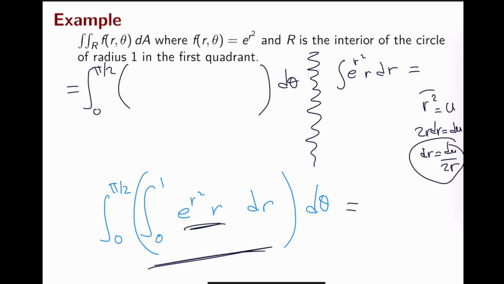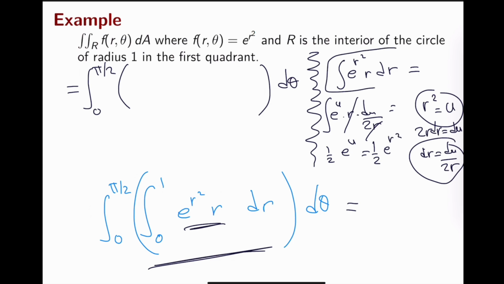So we're going to change this in this integral, and it becomes the integral of e to the u times r times dr, and dr is du over 2r. Now r and r cancel, and this is 1/2 the integral of e^u, which is e^u again. And undoing the change of variable, this is 1/2 e to the r squared.